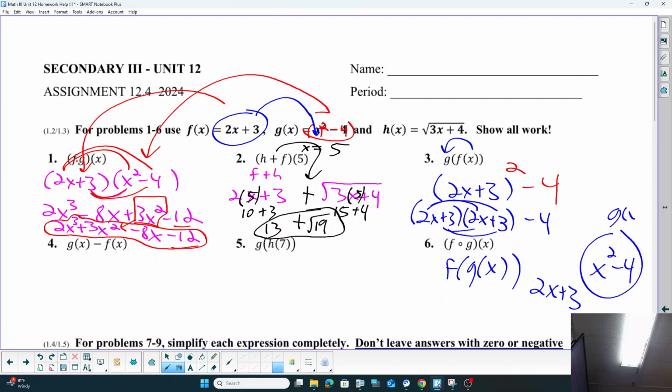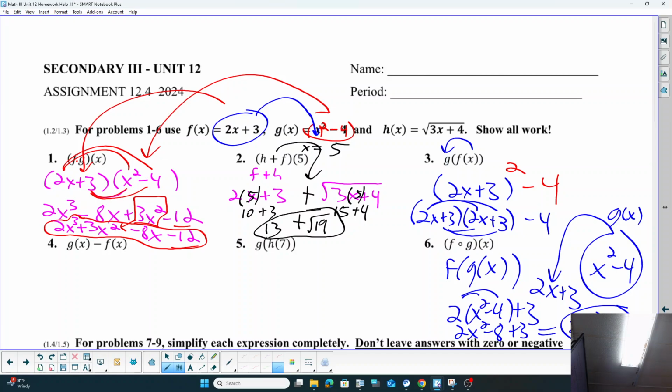So that'll be 2 times x squared minus 4, plus 3. Distribute the 2. So we get 2x squared minus 8 plus 3, which is just 2x squared minus 5.